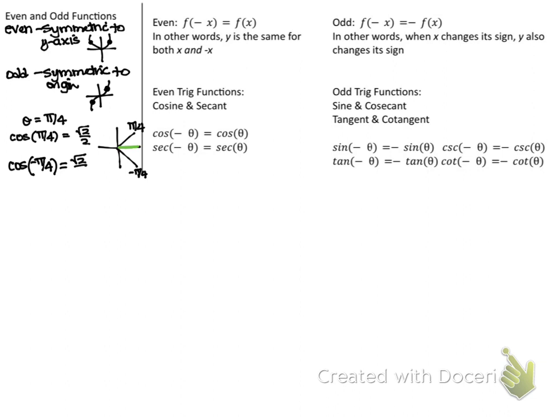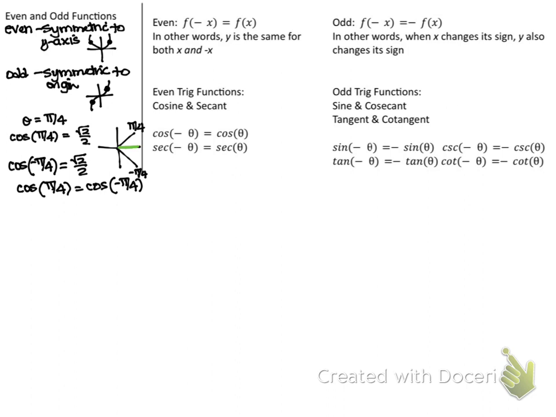This is still root 2 over 2. So basically, if it's an even function, which cosine is, cosine of the angle, whatever it is, or radian, and cosine of its negative counterpart are the same. That's because the x side of the triangle that relates them hasn't changed.